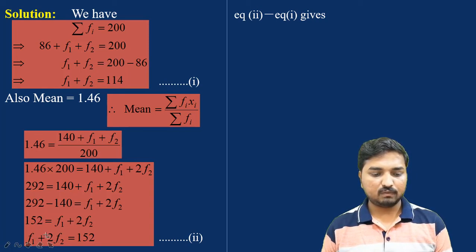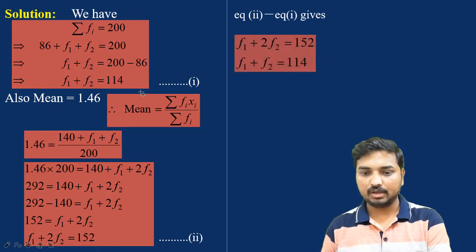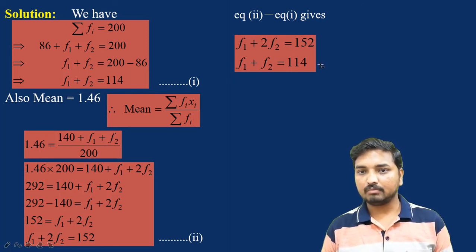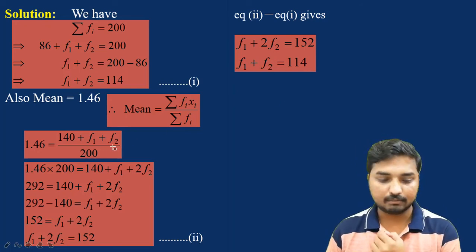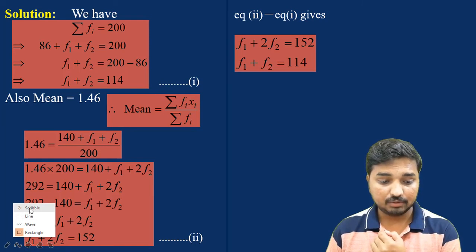Equation 2 is f1 plus 2f2 is equal to 152, and equation 1 is f1 plus f2 is equal to 114. You need to write it like this: first write equation 2 and then write equation number 1. Now the next thing is you need to change the sign here. I have not mentioned this, but actually you need to write this.